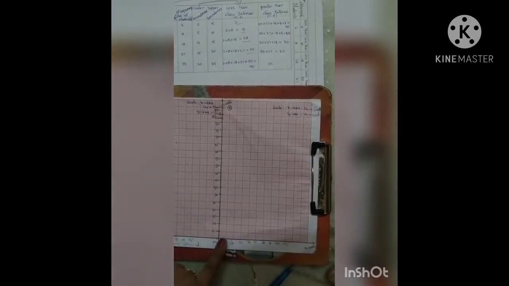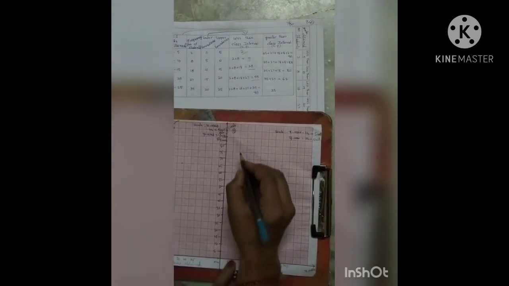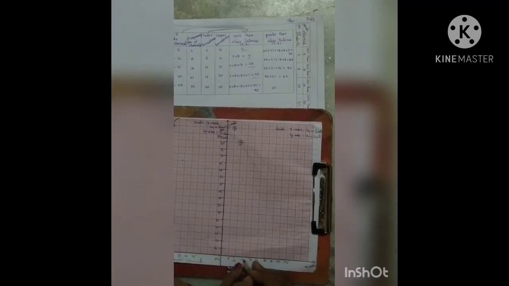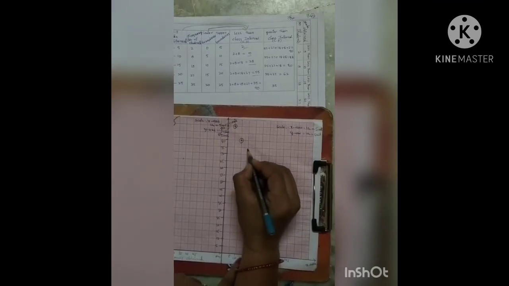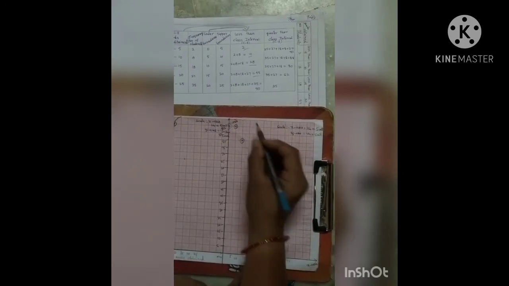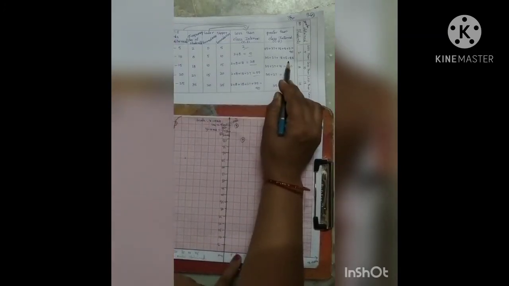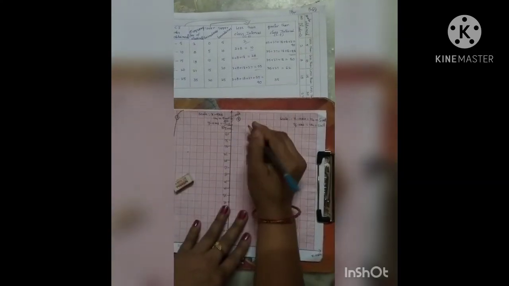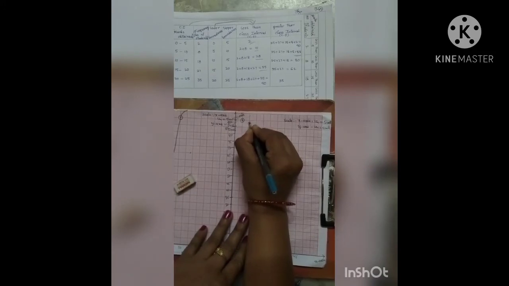Next, 5 to 10 is 88. Look here: 0 to 5 is 90 and 5 to 10 is 88. 85, 86, 87, 88.